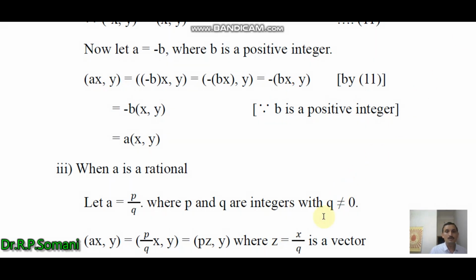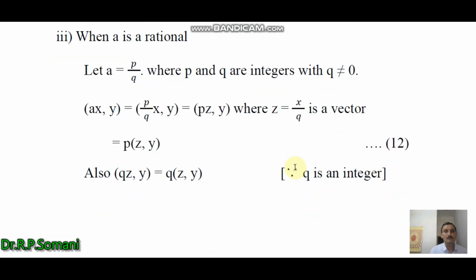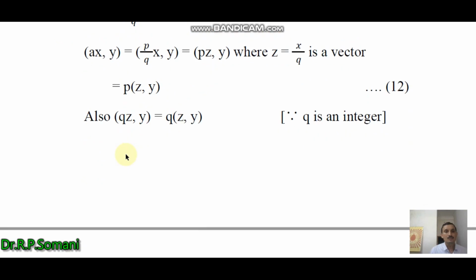Here we put the vector z with value x by q. Then we can write this as pz, y. Now p is an integer, so we can take this outside, and also qz, y equals q into z, y.